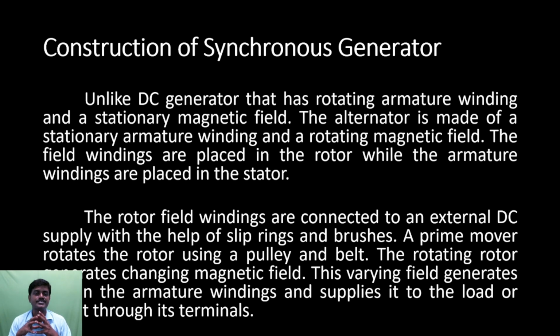Then, what is the construction of the synchronous generator? Unlike the DC generator, which has a rotating armature winding and a stationary magnetic field. You may know about the DC generator concept. In DC generators, all generators have two kinds of windings: the armature winding and the field winding.